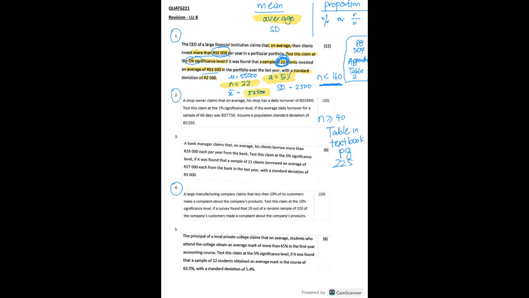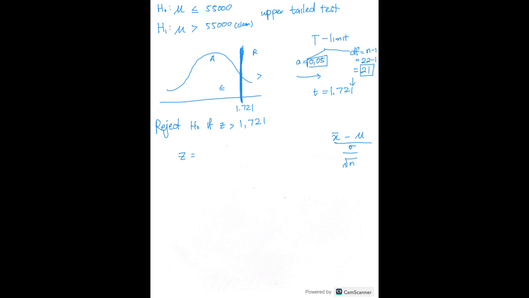Standard deviation is 2,500. N is 22. So it'll be 53,500 minus the 55,000 over the standard deviation of 2,500 over the root of n, which is 22. And that would give you a Z value of minus 2.81.